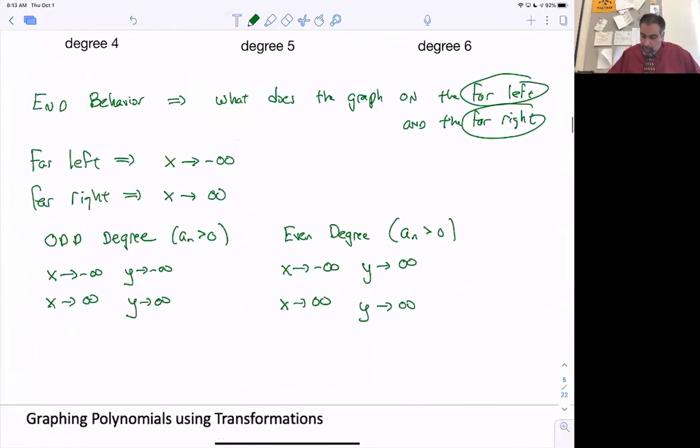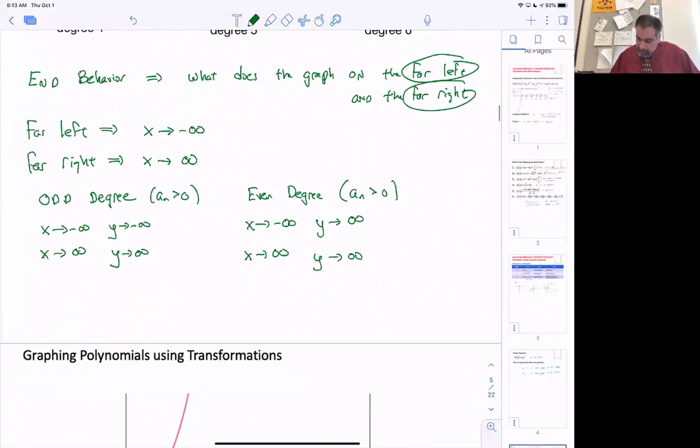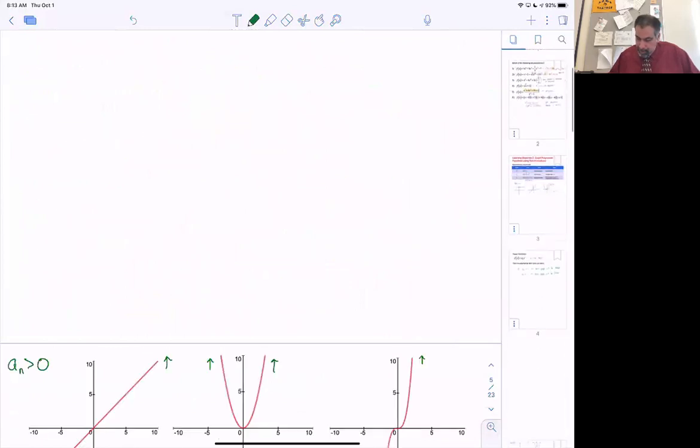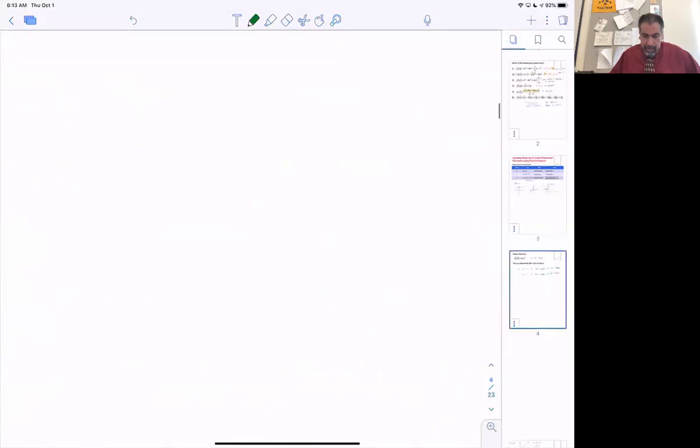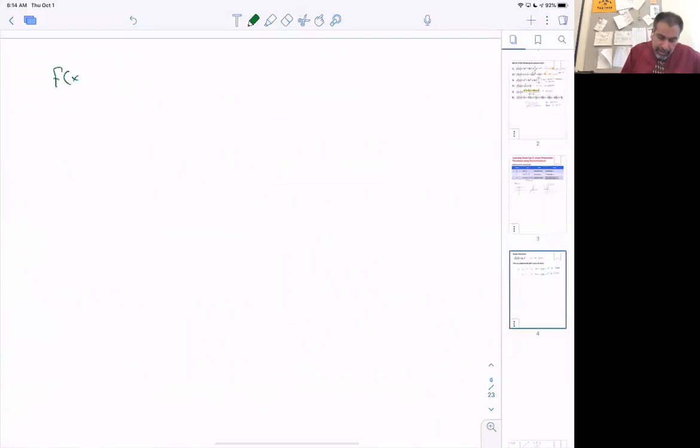So one more thing to think about on this one, just to give you another example to really solidify all of this. If you're given this graph right here, f of x equals 7x to the fifth minus 2x to the fourth plus 3x squared minus 1/2 x plus 10.